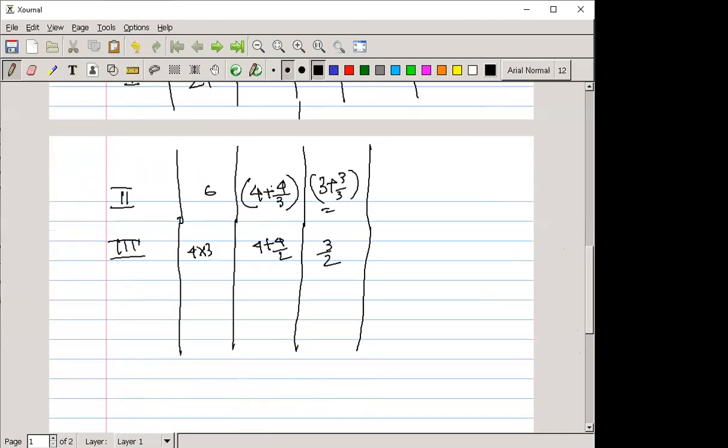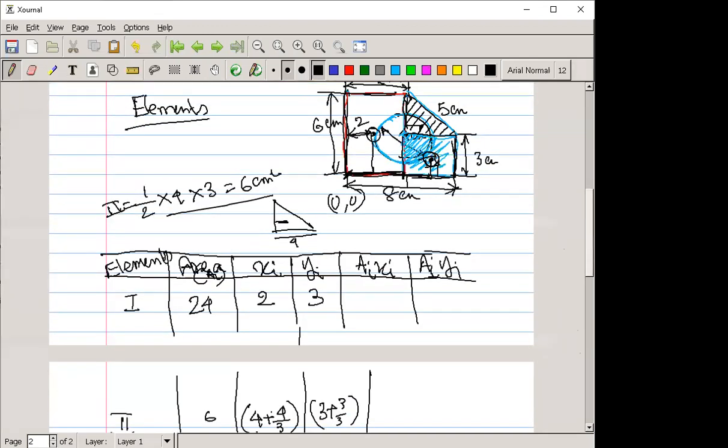So if we consider this area as 4, then what is the position of the center? Along x it is 4, along y it is 3, right?